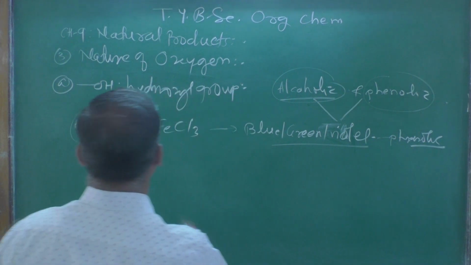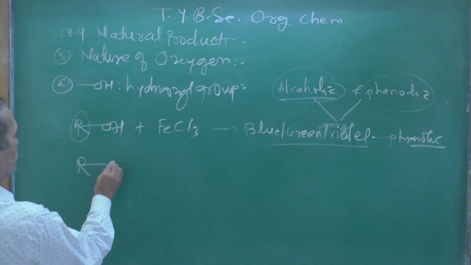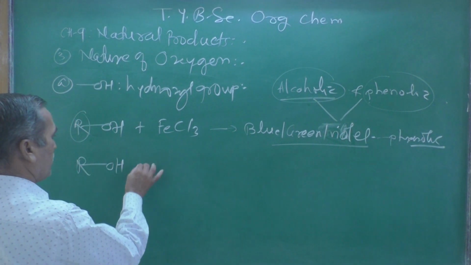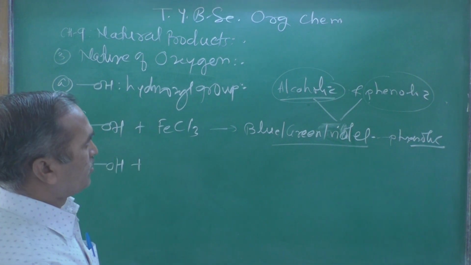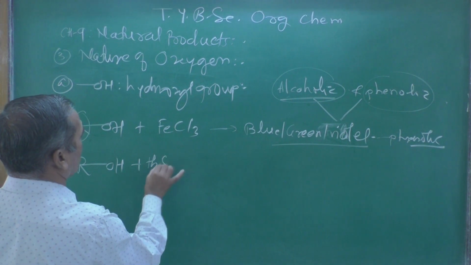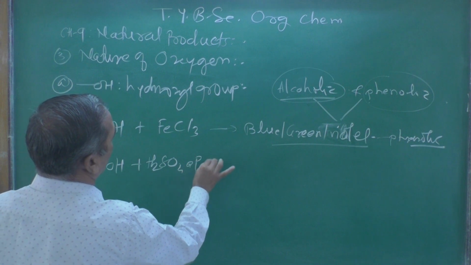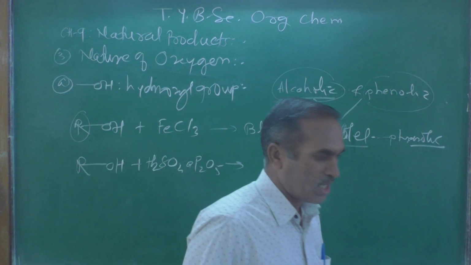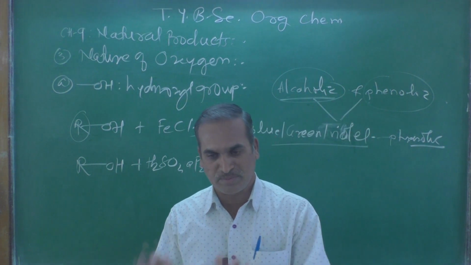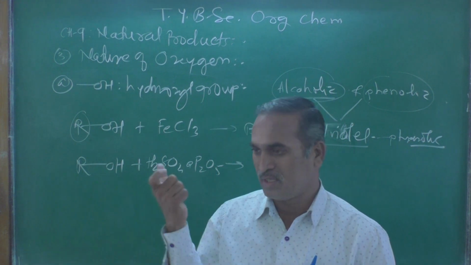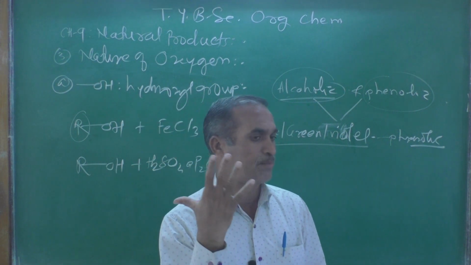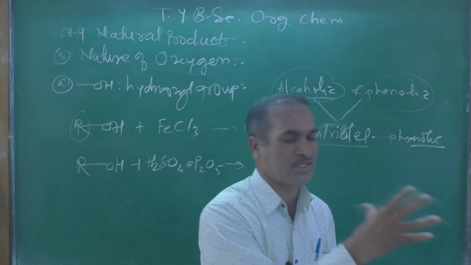So in this way, very clearly, take the general formula ROH, which may be alcoholic or phenolic, we don't know. But if you treat this compound with dehydrating agents like concentrated H2SO4 or P2O5, you are going to get, according to the Saytzeff rule, dehydration, meaning removal of a hydrogen atom from the substrate, and we get an eliminated product, predominantly according to the Saytzeff rule.